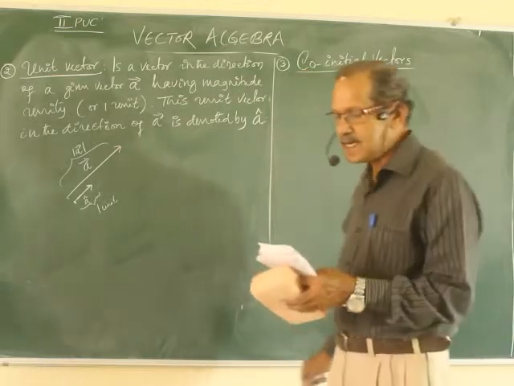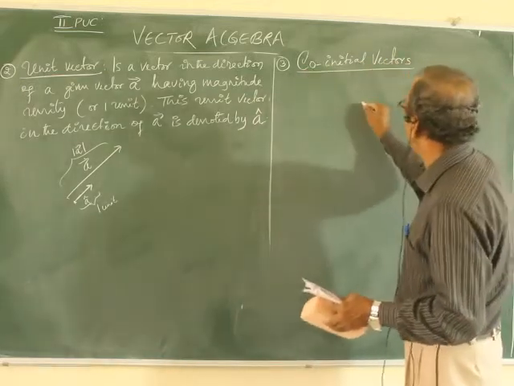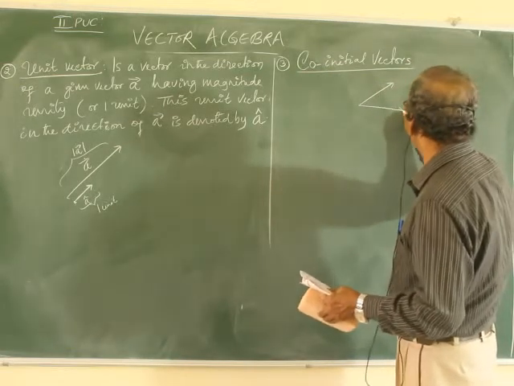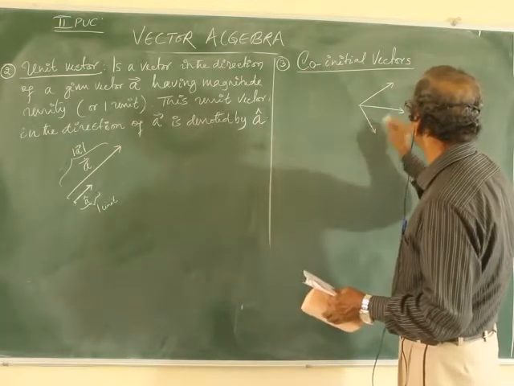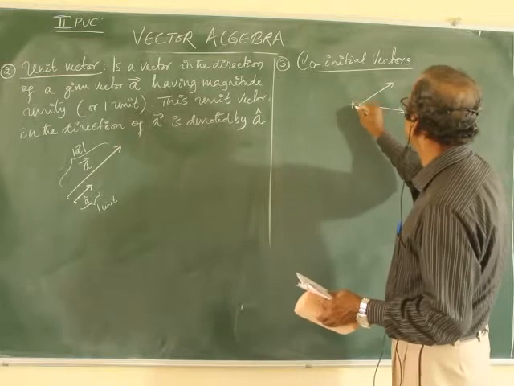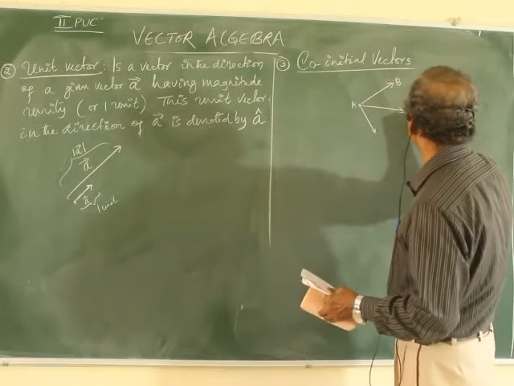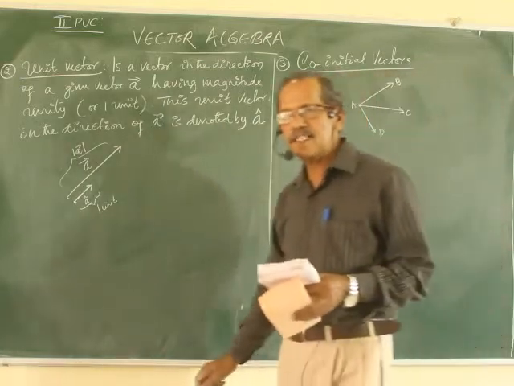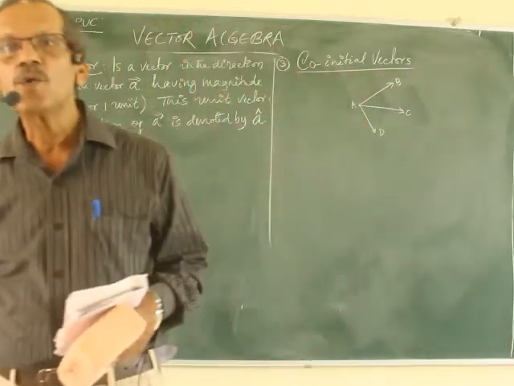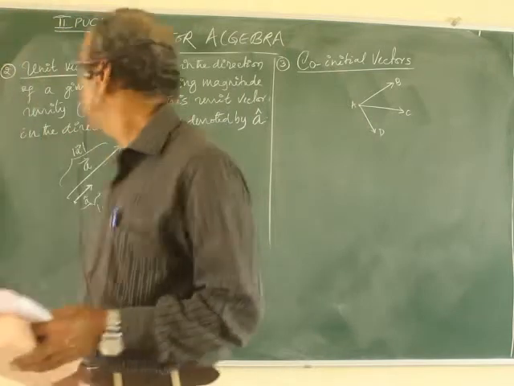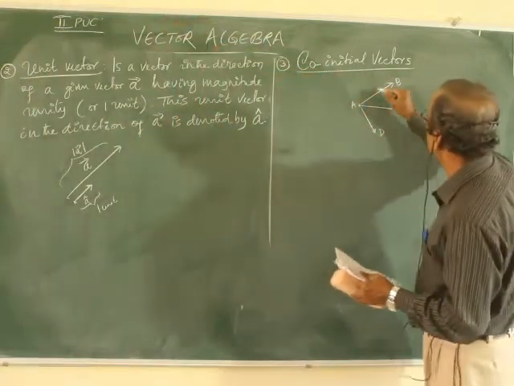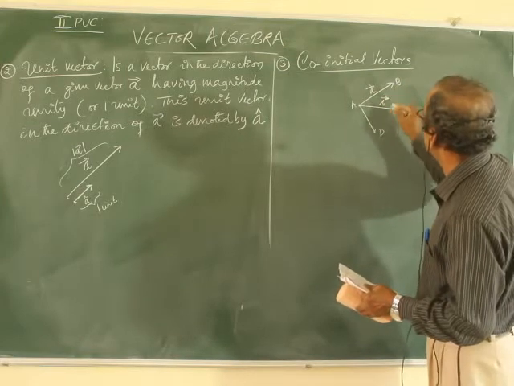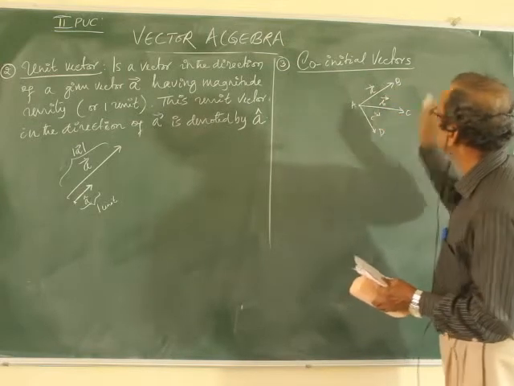Two or more vectors having the same initial point are called co-initial vectors. That's all. If you want, let me give the names also. This is A vector. This is B vector. This is C vector. 3 vectors are there.